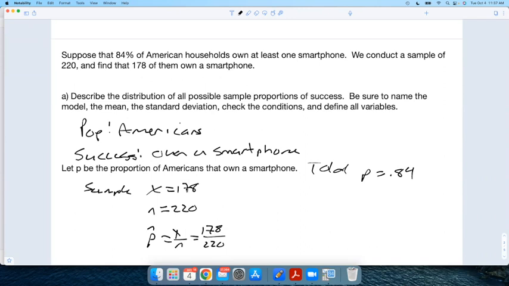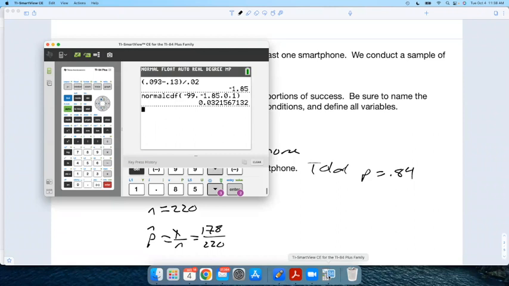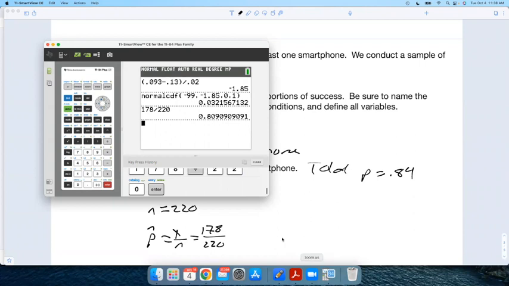That's how many smartphones, how many successes there were in the sample. That's how many Americans were in the sample. So 178 divided by 220.